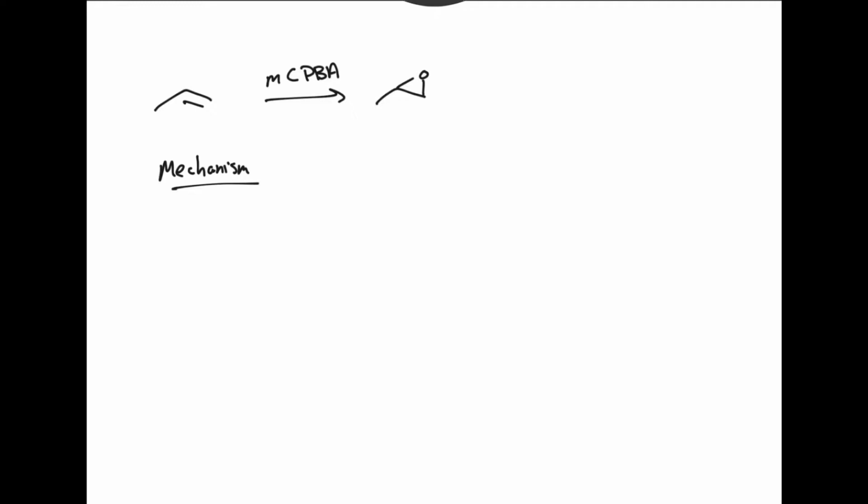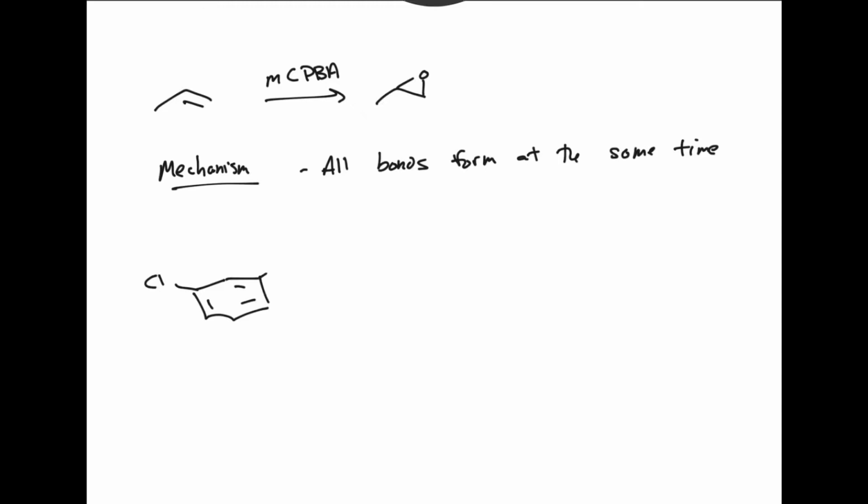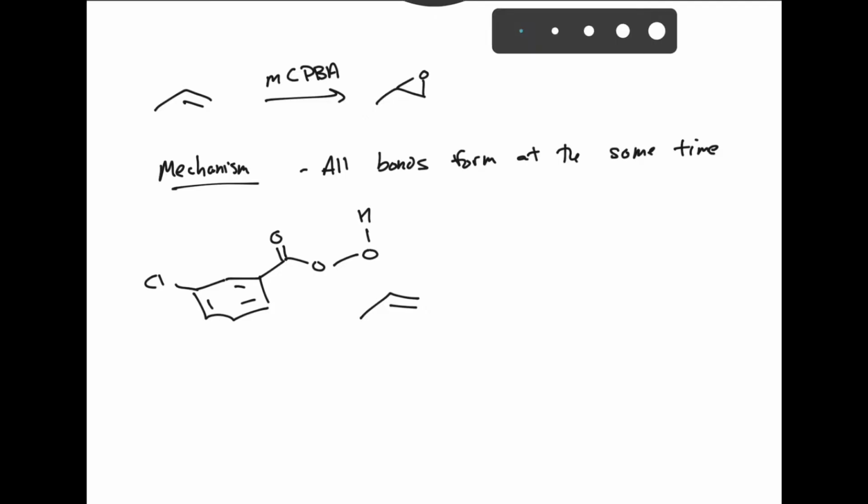This mechanism is basically a concerted reaction. All the bonds are going to form at roughly the same time. So you've got your peracid, or MCPBA, and oxygen-oxygen bonds are really weak, so they're easy to break.